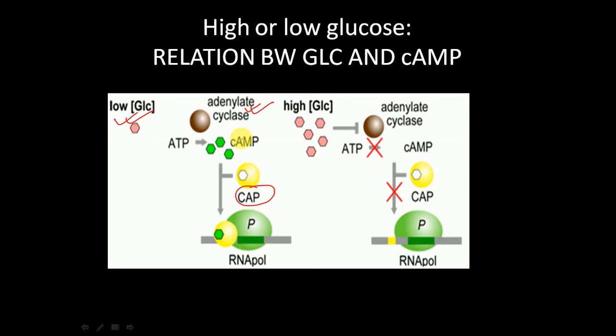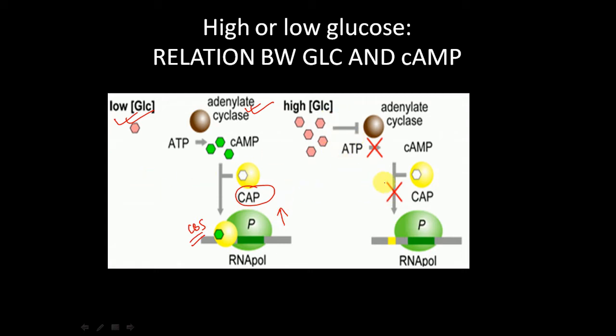This cAMP and CAP unit further binds to a CBS, which is the CAP binding sequence or the site which is present in the main chain of the DNA. This binding upregulates or increases the affinity of the promoter to the RNA polymerase. As a result, the production of the gene products will be maximized.